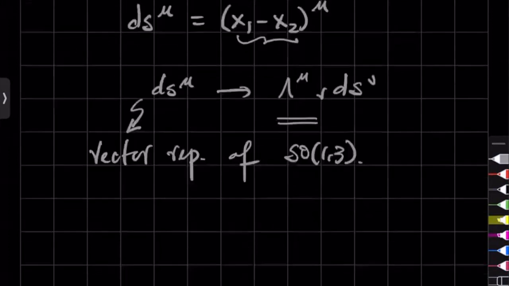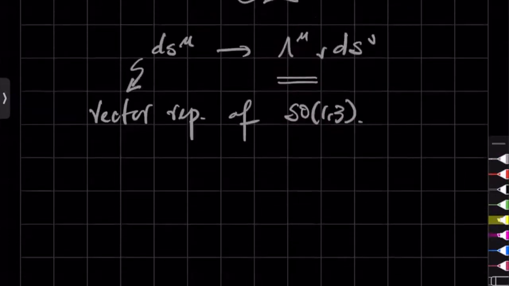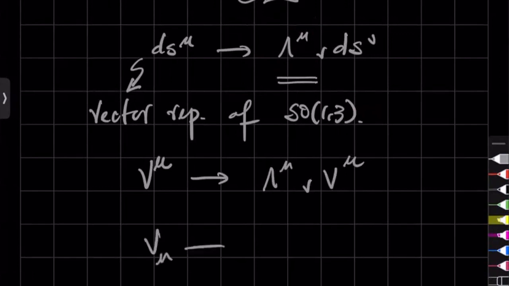Now, what if I take, so there could be a generic vector, let's call it V^mu. So that would be, under the Lorentz transformation, a contravariant vector representation. This would be a covariant vector transformation. We are not so bothered about the covariant, contravariant right now.